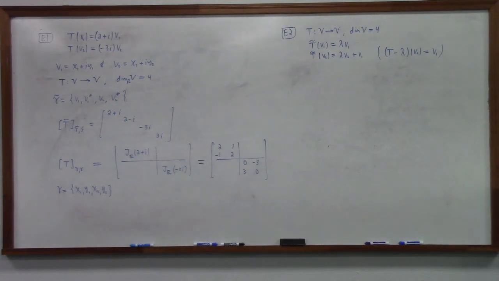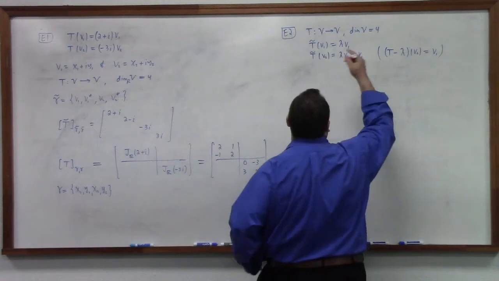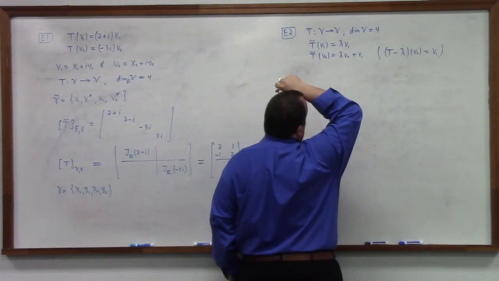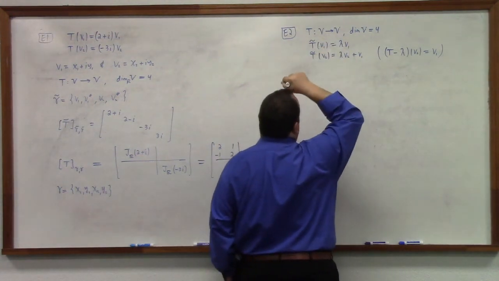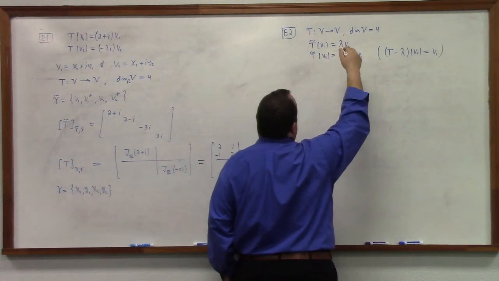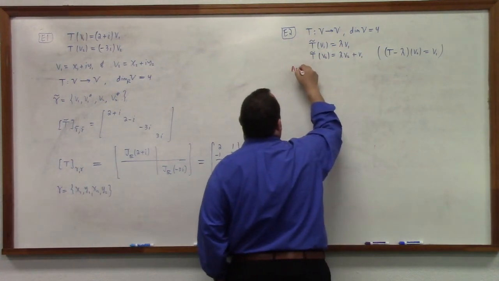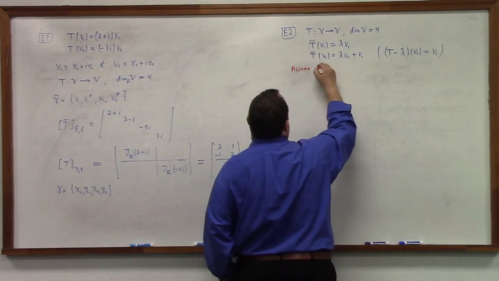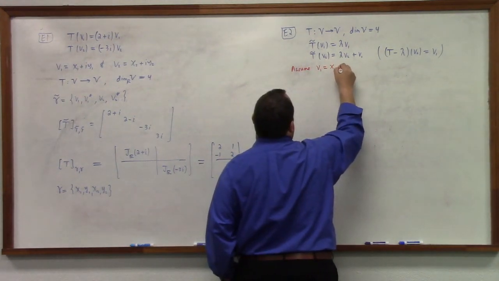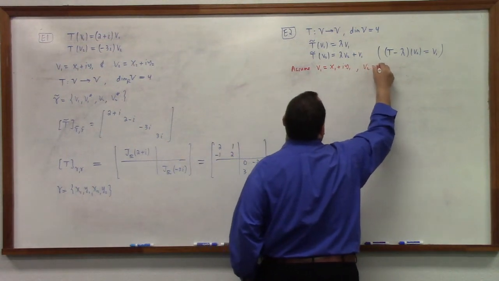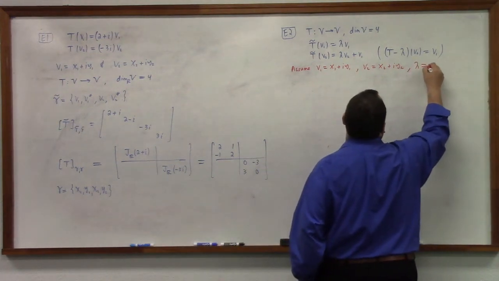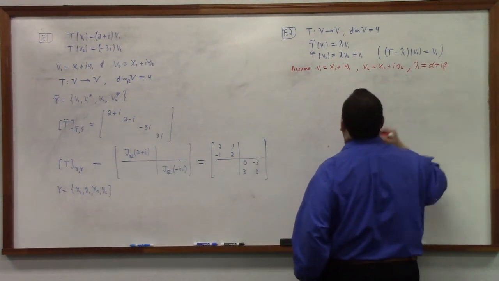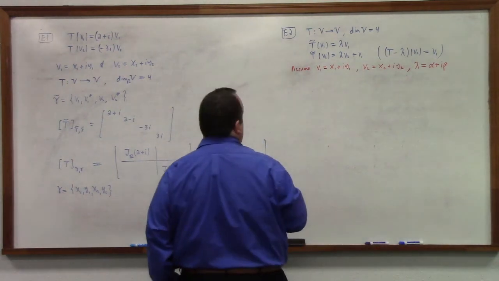Great. So then, how's this go? Let's see here. What happens this time, and we're going to assume that v1 is x1 plus i y1, v2 is x2 plus i y2, and lambda is alpha plus i beta, with beta not 0, all right?